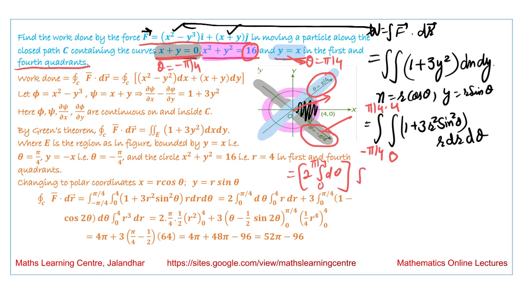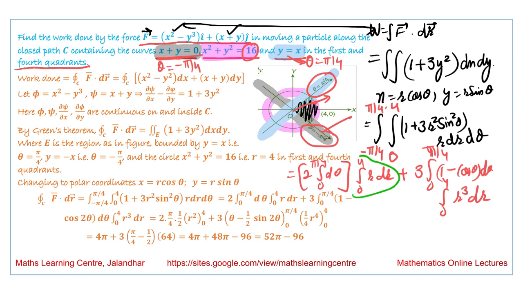Then integration 0 to 4 r dr plus 3 integration 0 to pi by 4 1 minus cos theta d theta, and integration 0 to 4 r cube dr. Now if we integrate these terms, the integration of this term will be r square by 2. On substituting the limits, we will obtain the answer.